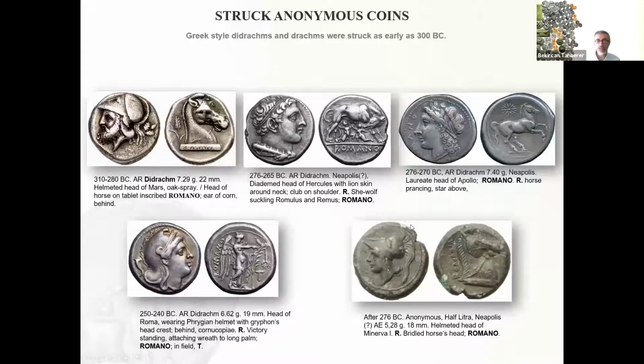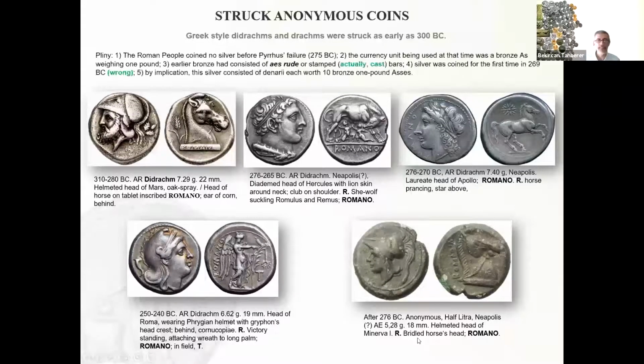The interesting part of this series is the legend Romano. They all have the same legend, Romano. Pliny talks about the beginning of the coinage at Rome, but some of his comments are not really reliable. So he says the Roman people coined no silver before Pyrrhus's failure.